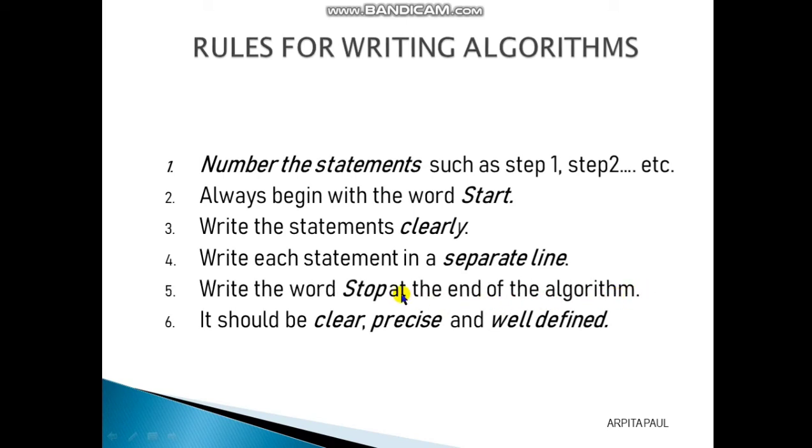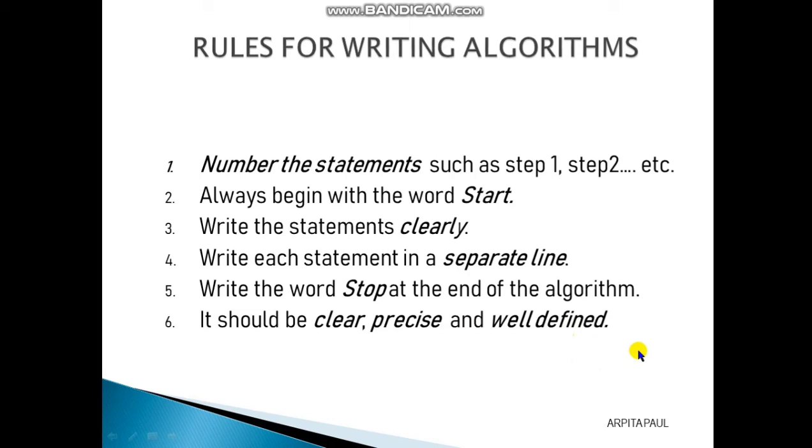When you are beginning the algorithm, you start it with the word start. In the same way, when you are ending the algorithm, you have to write the word stop. And the next one is, it should be clear, precise and well defined. Of course, all the steps should be very clear, precise, accurate and well defined, by which everyone will be able to understand and implement the program. So these are the rules we will follow.